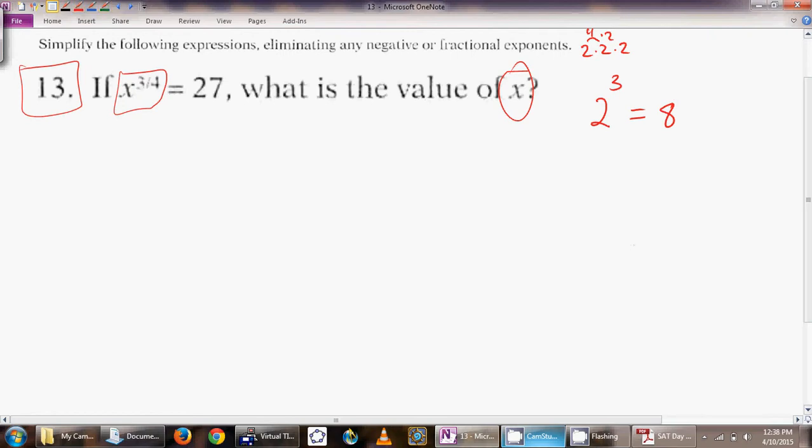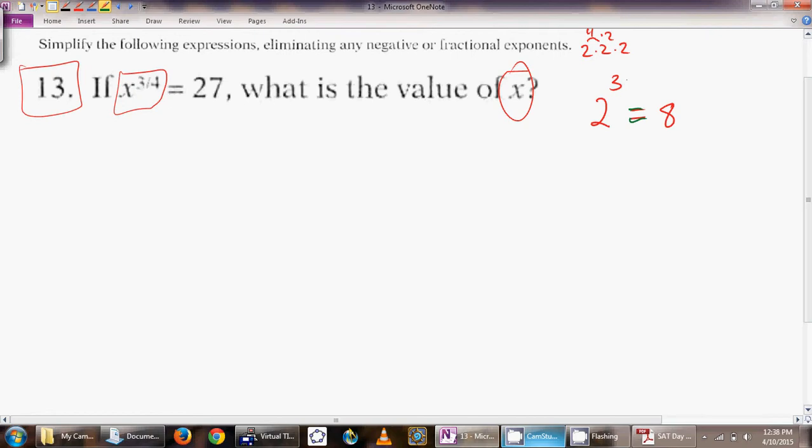Okay. Now, when I have this equal sign, it's saying what's on the left side is identical to what's on the right side. So if I'm going to preserve equality, whatever I do to one side of my equal sign, I must do to the other side, right? I have to treat both sides equally.